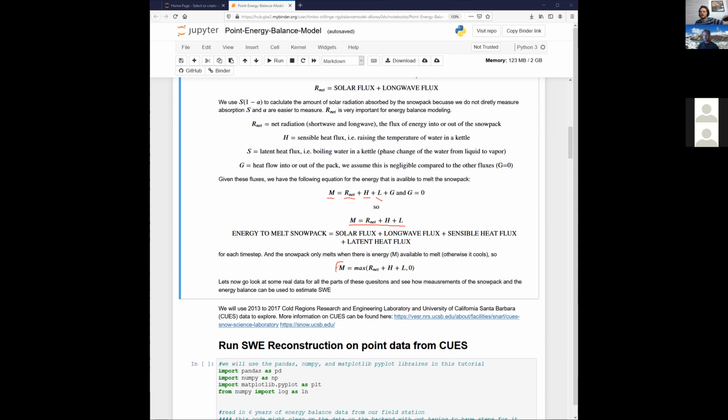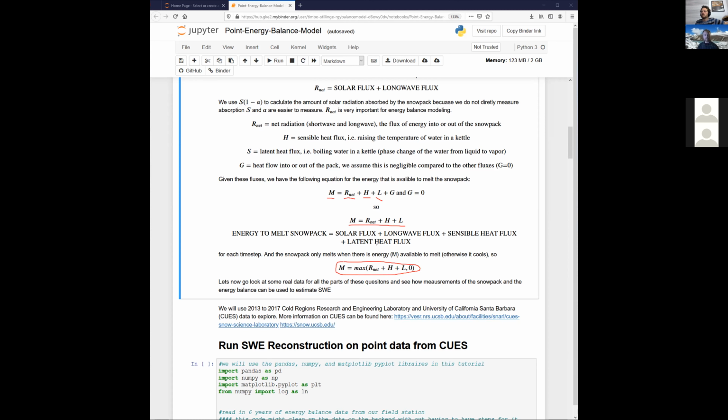So that's what this equation right here shows that I'm circling right now. Based on measurements at our station, at any time step, we want to know the maximum: do we have energy available to melt? Or if it's negative, there's no melt occurring.